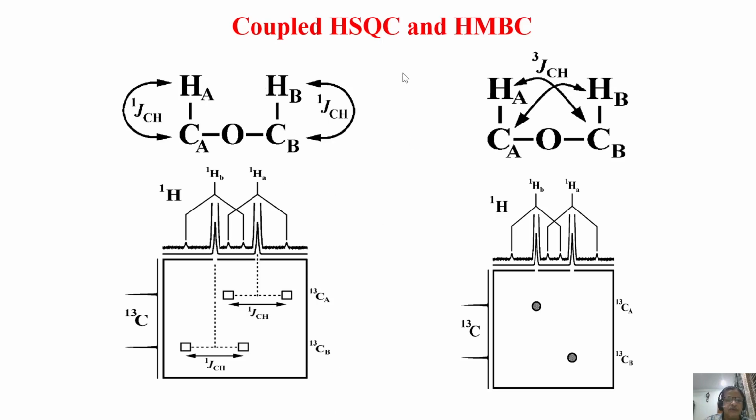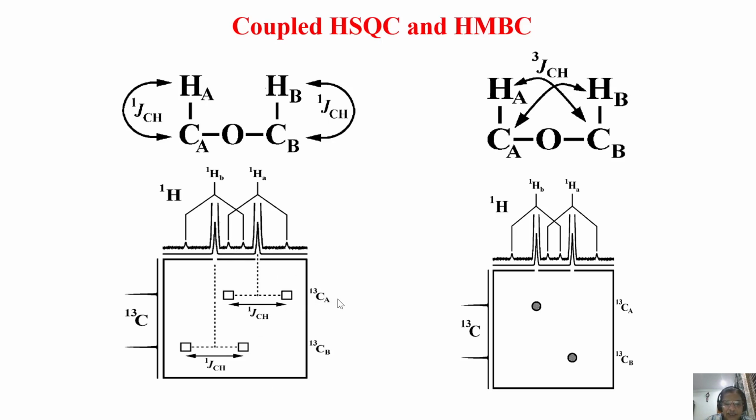So there is no doubt in this molecule, in the HSQC spectrum, in the carbon dimension, there was a single peak. Because it is a coupled HSQC, we saw that in the direct dimension, that is in the detected dimension, we saw two peaks. It is a doublet.